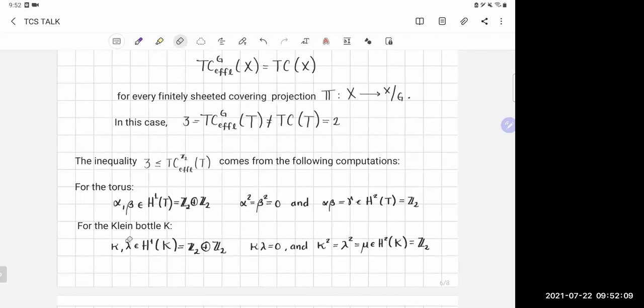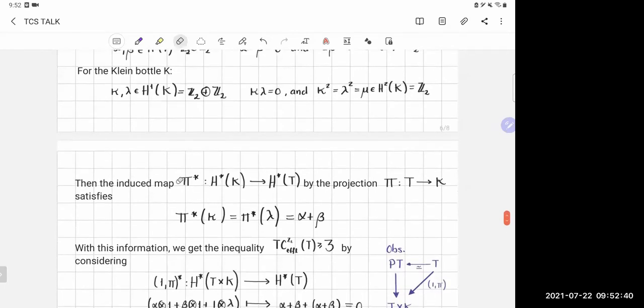So the product of the elements is 0, and the square of the elements equals the generator of the second group of cohomology, which is C2.